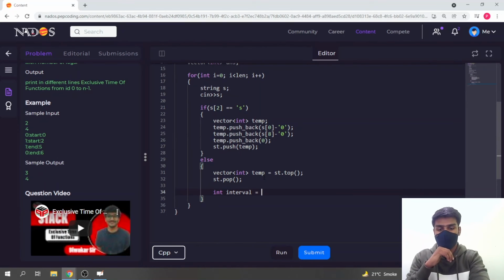Alright, now I will calculate my interval. And how will my interval be calculated? I will write my ending point minus starting point. So my starting point is temp 0, and then I have to add 1.